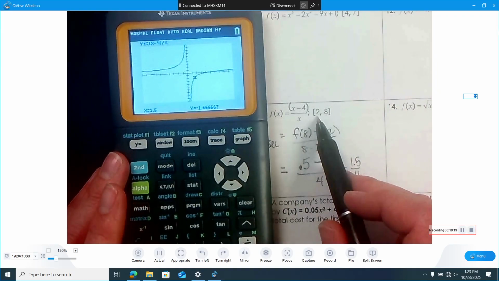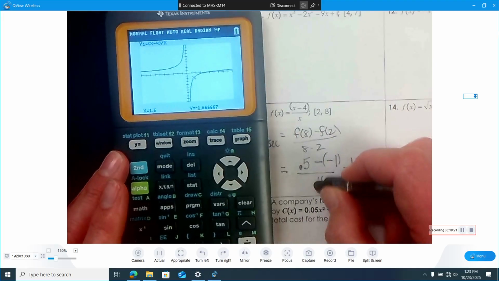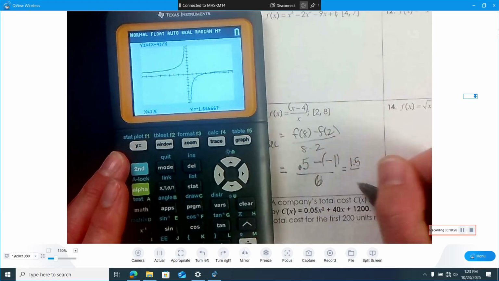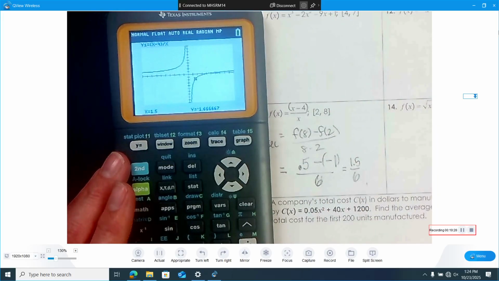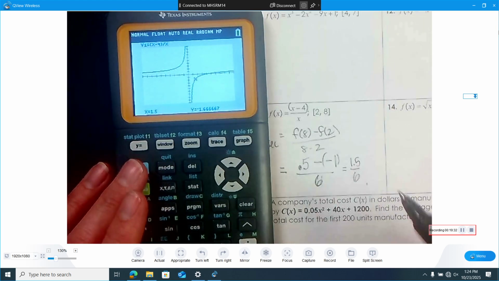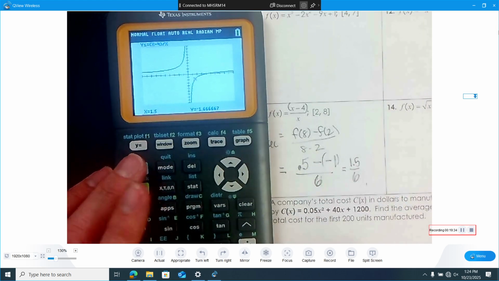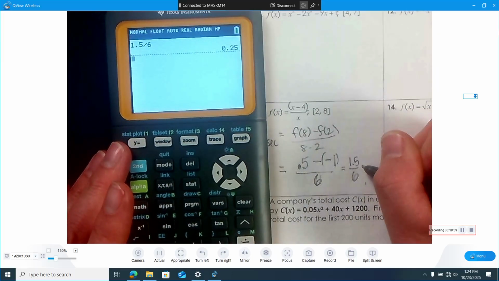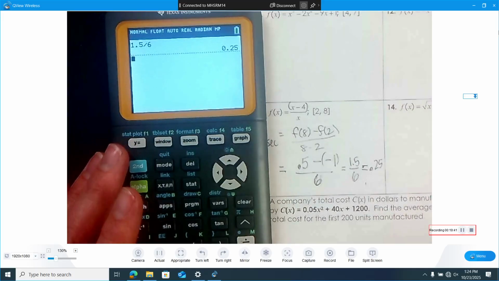Those are our x values. 8 minus 2 is not 4. It would be 6. That'd be better, that's math here on Earth. Thanks. Sorry. We wouldn't want to leave an answer like that. 1.5 divided by 6 equals 0.25.